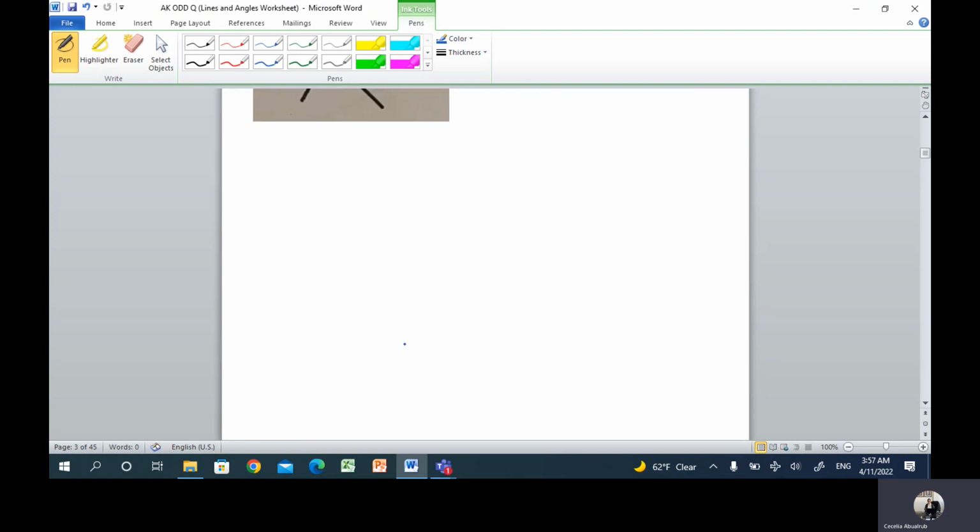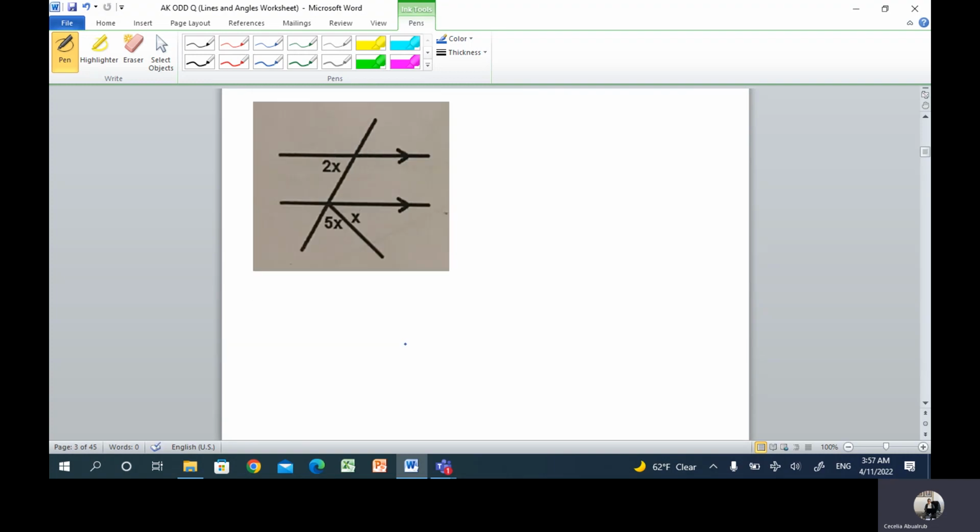And we're going to 5 now. Okay, so in here, what are we going to do? 5x and x make this big angle, which is 5x plus x is 6x.